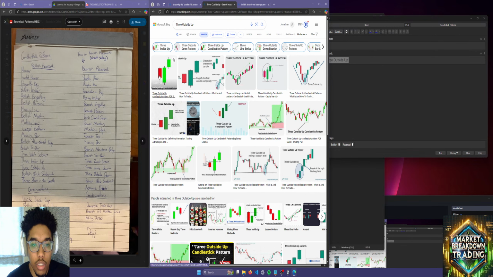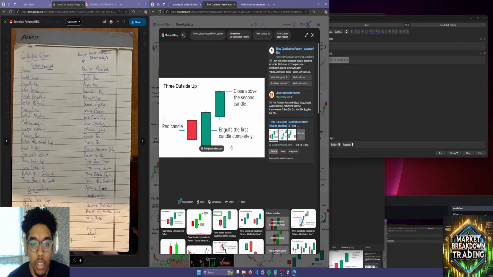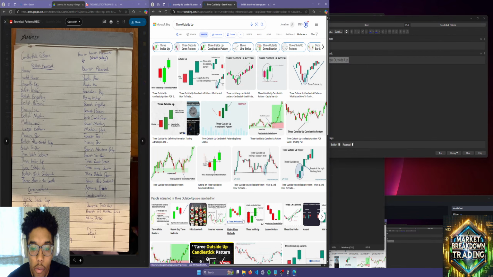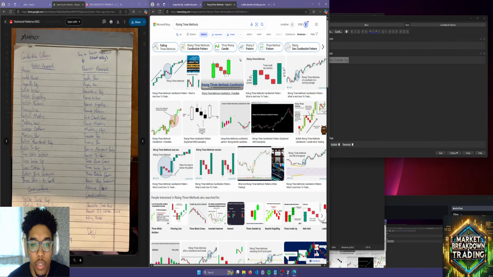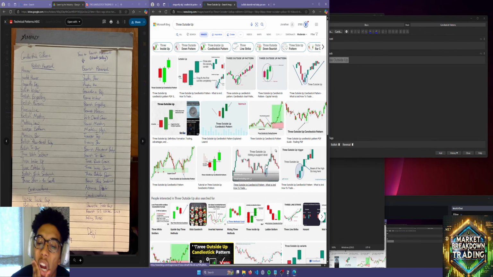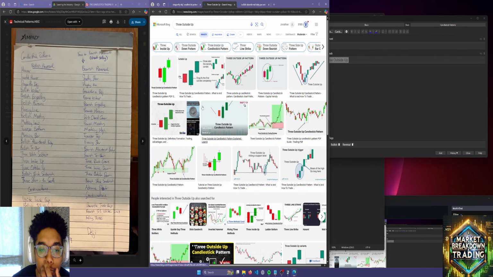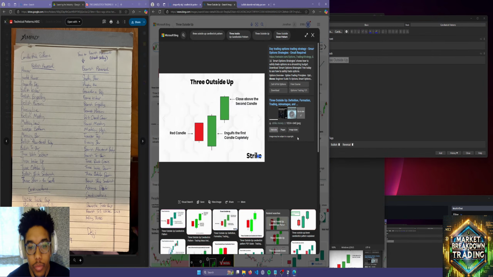Okay, so this needs to engulf the first one, and then this needs to close above the second. Okay. I was thinking of rising three before, or two cards ago. Damn.